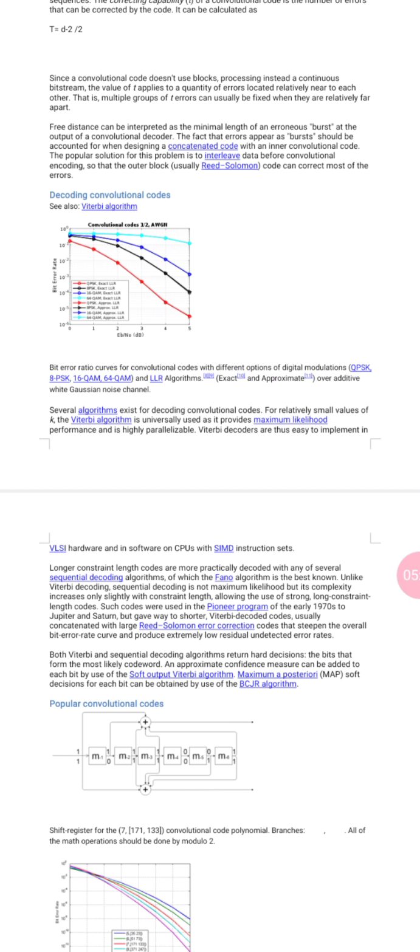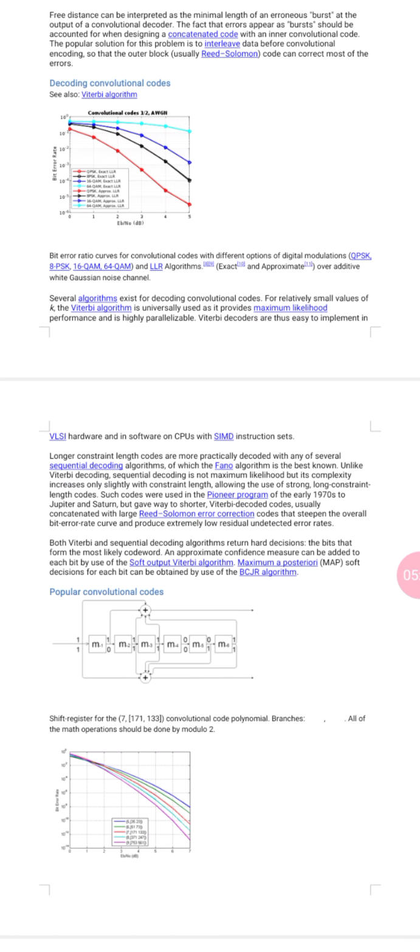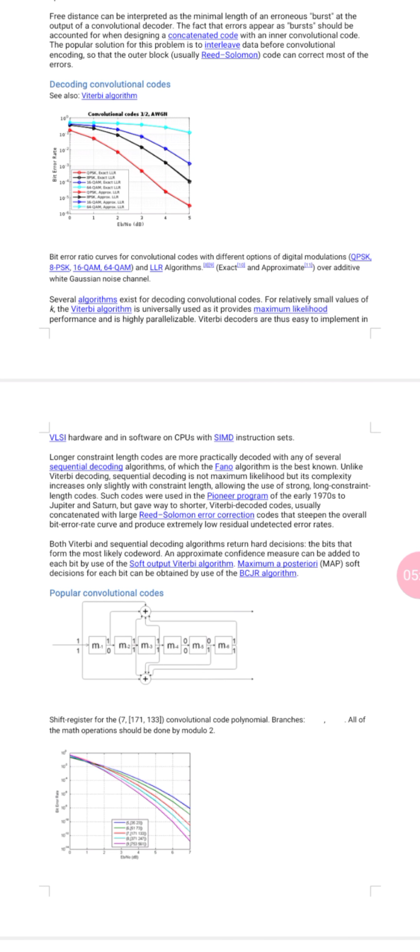The fact that errors appear as bursts should be accounted for when designing a concatenated code with an inner convolutional code. The popular solution is to interleave data before convolutional encoding so that the outer block code, usually Reed-Solomon, can correct most of the errors.